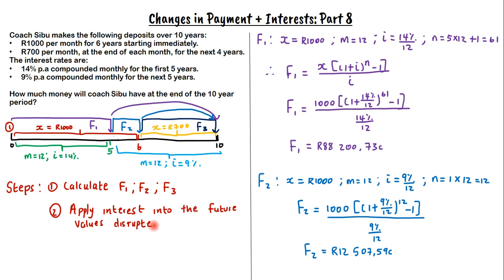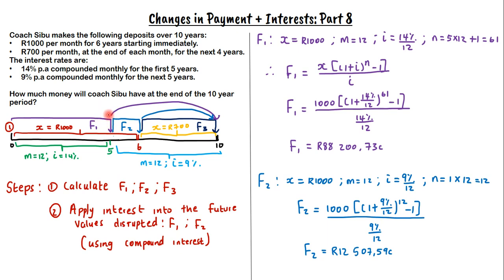Now, in this case, which future values were those? So this was F1 and F2. Now, how do we apply the interest? We apply the interest using the compound interest formula. Now notice that here the interest is the same.